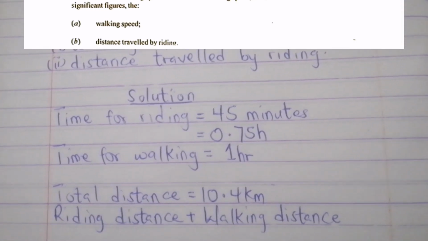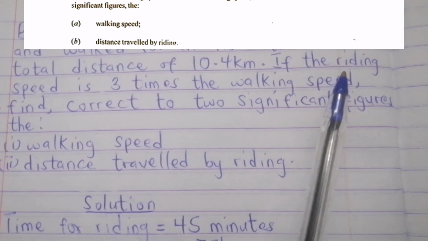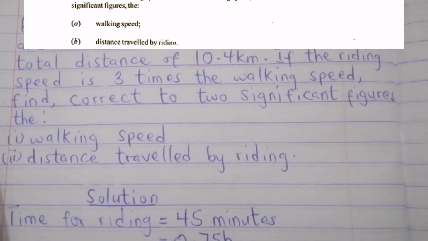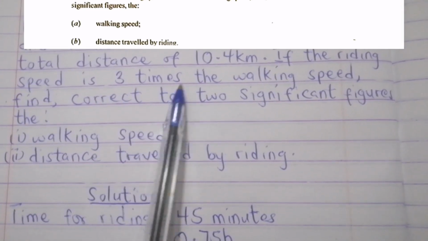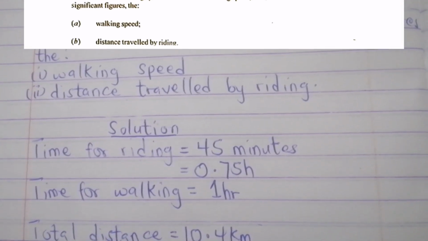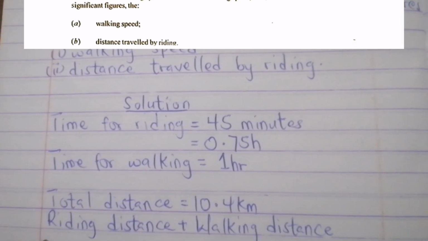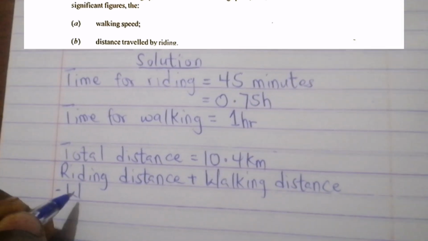But before that, we need to find the distance. Now, there's an important statement made here. It said that if the riding speed is 3 times the walking speed, so now let us choose a variable for the walking speed.